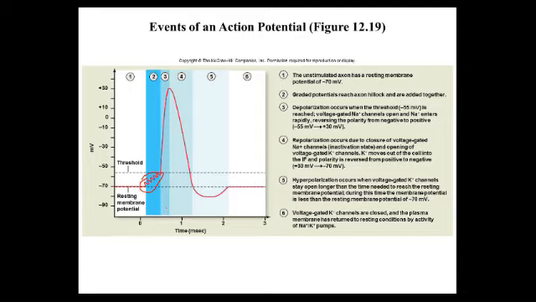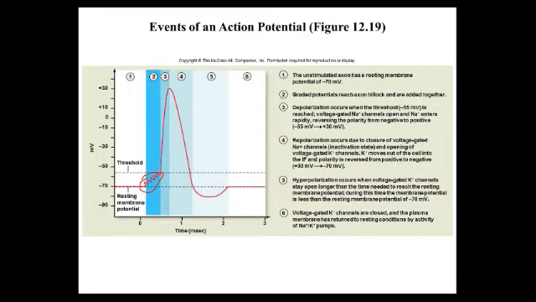Up. It's depolarizing, right? If we're depolarizing, what are we opening? Sodium channels, because if we open chlorine channels or potassium channels, it goes down, right? So you said it right. We're opening up sodium channels. So there's summation right there.